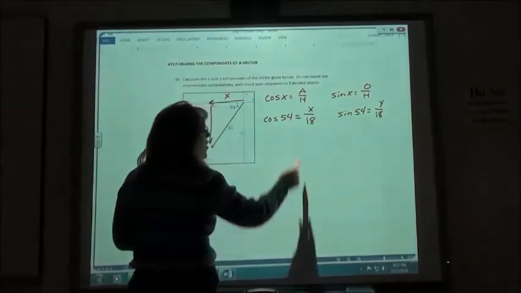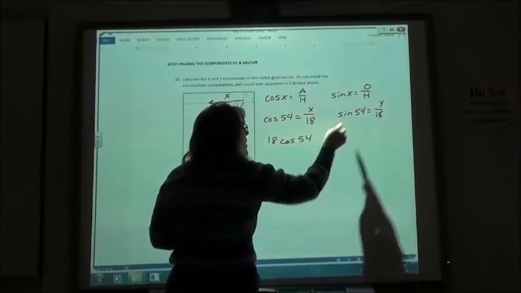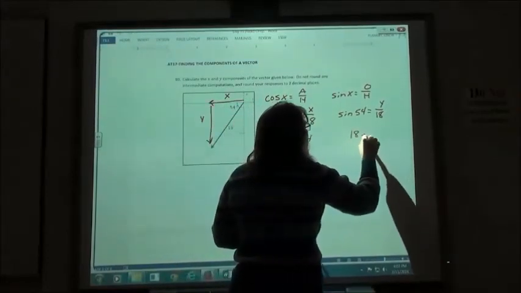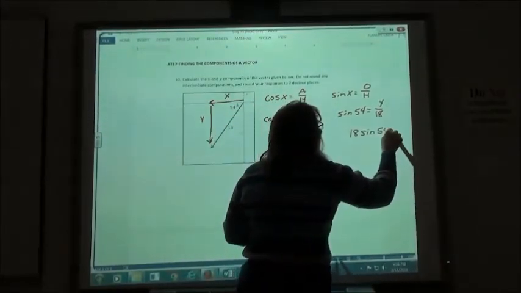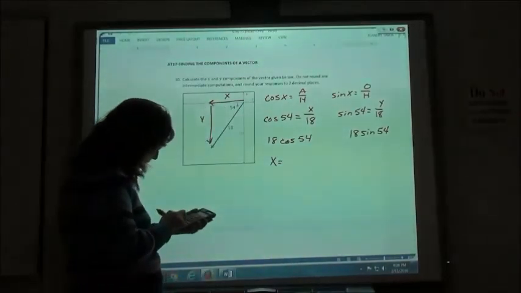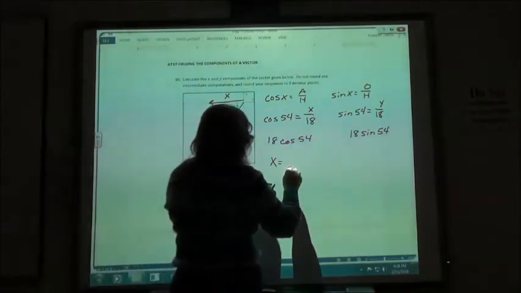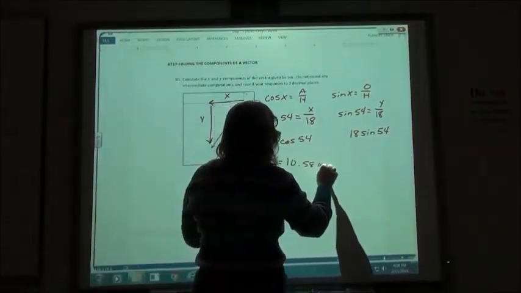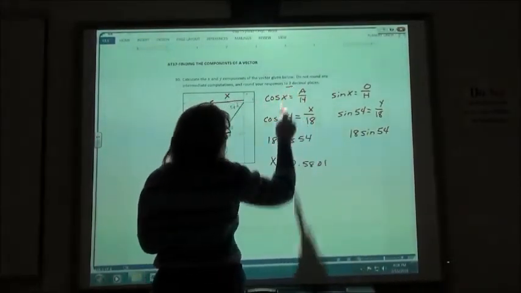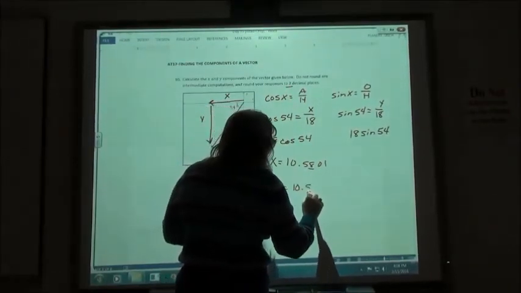So solving this one, all I'm going to do is 18 cosine of 54. Solving that one, I'm going to do 18 times the sine of 54. So 18 cosine of 54 is 10.5801. I'm rounding to 2 decimal places. So x is going to be 10.58.